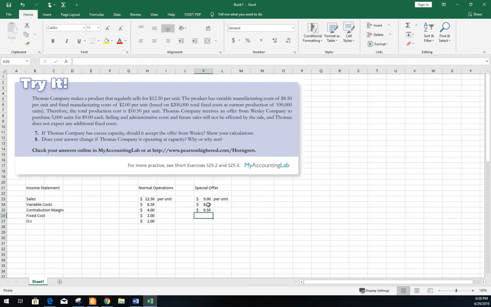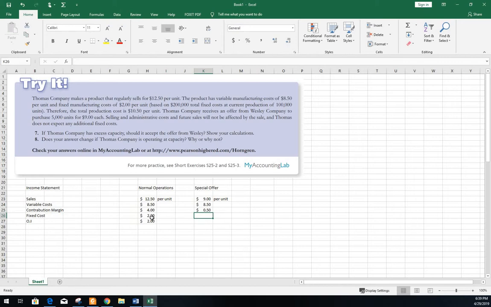Okay. Now the key to this whole problem is, you have to remember from previous chapters that fixed costs do not change. They're fixed in total. So no matter if we make 1 unit, we make 100 units, or we make, in this case, 100,000 units, or we make 100,000 plus the 5,000 special offer, our fixed costs are not going to change. So the light bill might go up, but the rent, which is fixed, stays the same amount regardless of how many units we produce.